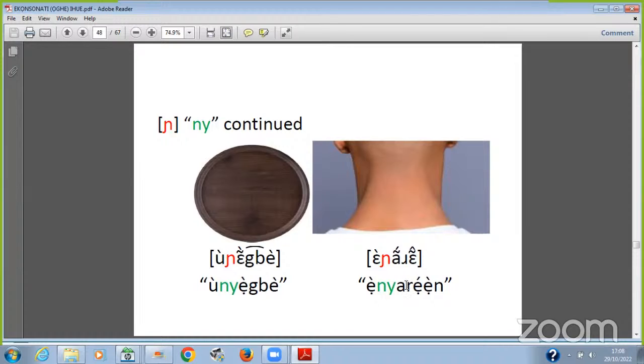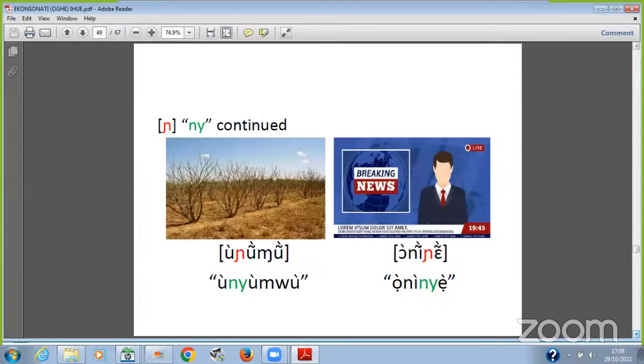But you see, because of this sound that is always elided, we say in rapid speech, Enyae. But the full form is Enyae. And then you have it in unyomu. Unyomu.